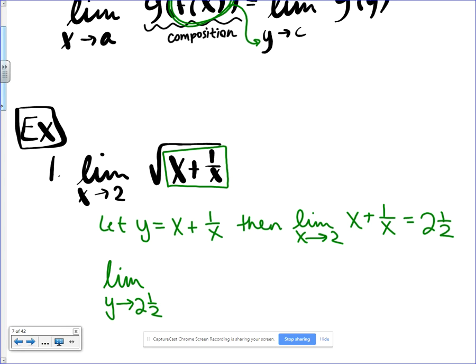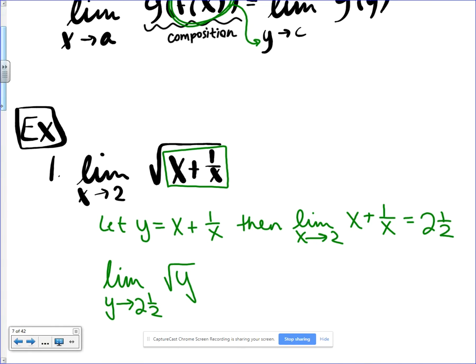If I am substituting y in, what is this function now? If I put y in, what part of that is y? The underneath there, right? So if I make the substitution, then it now looks like this, doesn't it? Take out the inside stuff, plug in the y. And now we're going to go ahead and find this limit.